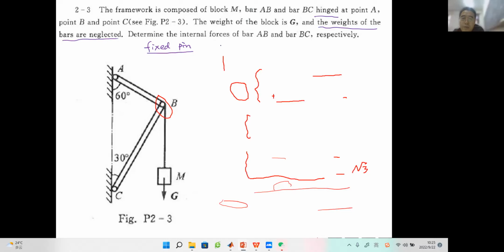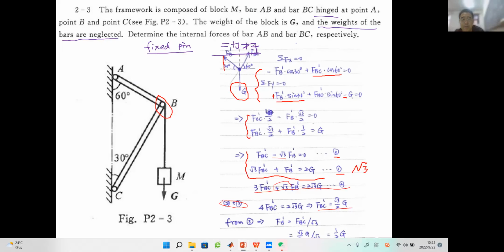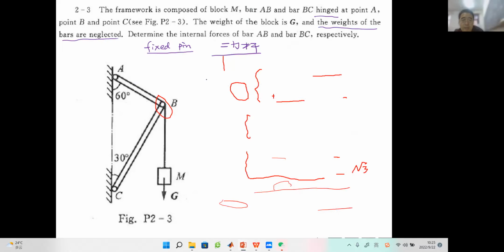Do you guys still remember? In Chinese we call that 二力杆. So if a rod is a double force balanced rod, then its force analysis is very easy. Right? So maybe I can draw here.